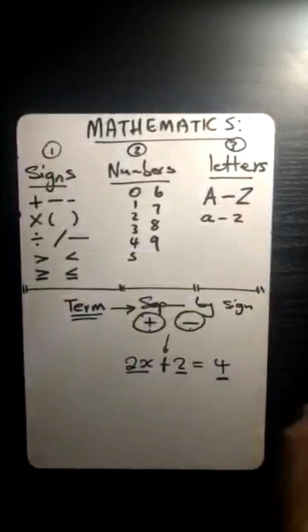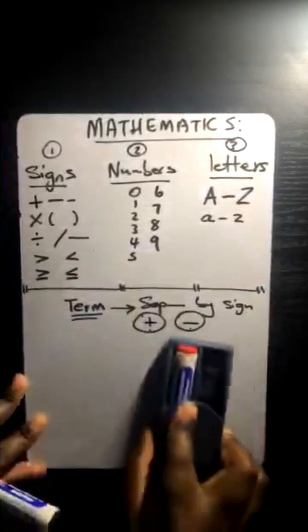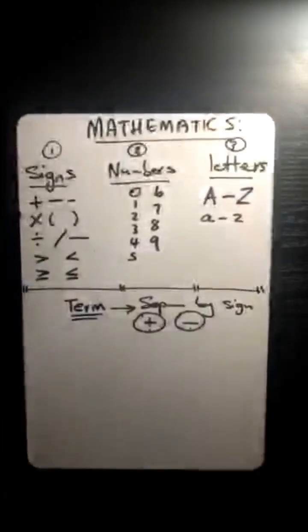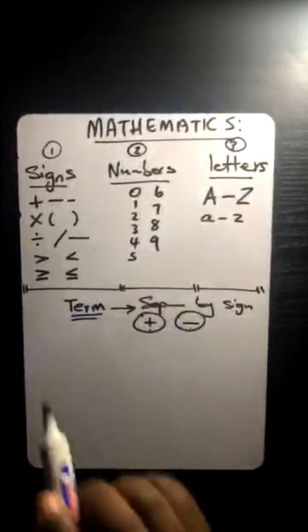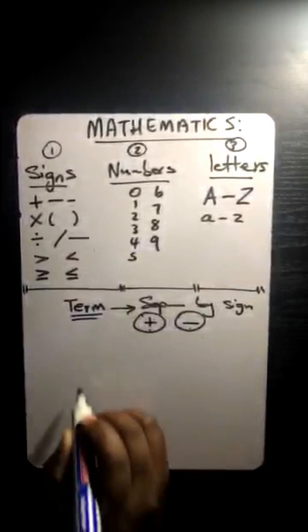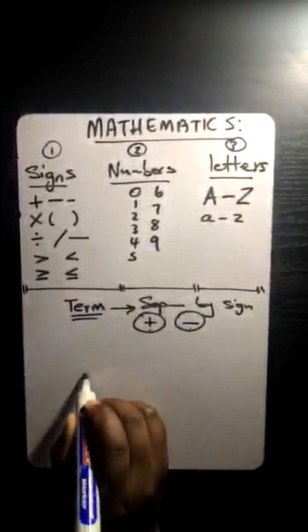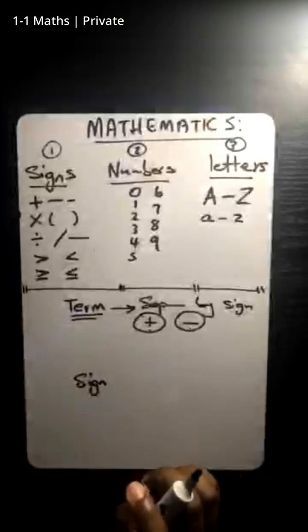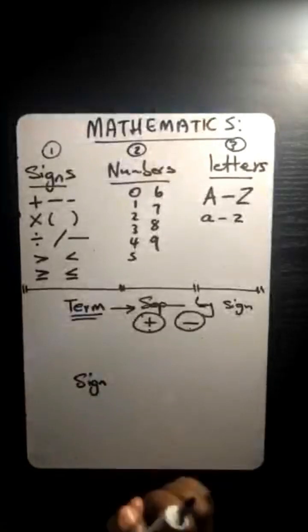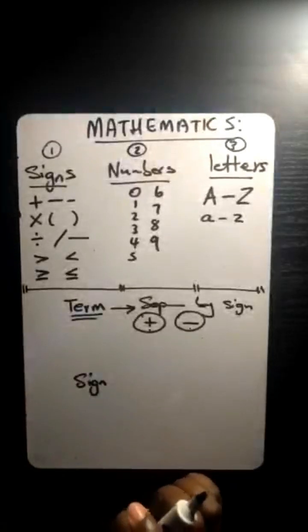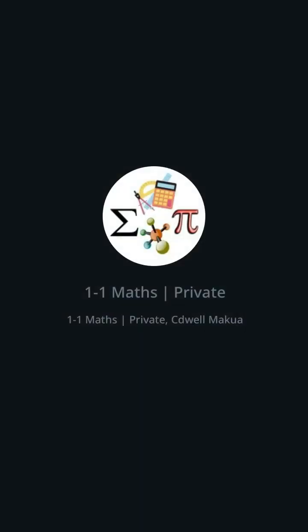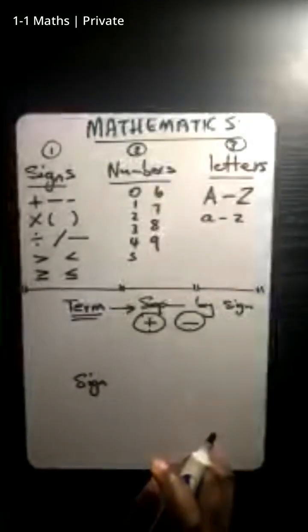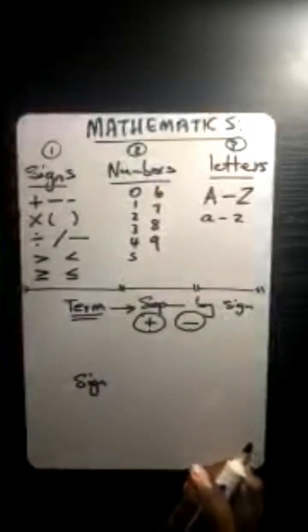So maybe let me go deeper into explaining a term and give you the structure of a term. So this is what makes up a term. Number one, it is a sign. Remember, this lesson is being recorded, so you might not need to write as I write. As soon as we are done, I'm going to forward it to your inbox, then you can watch it again at a later stage.